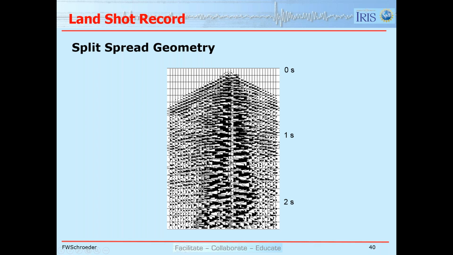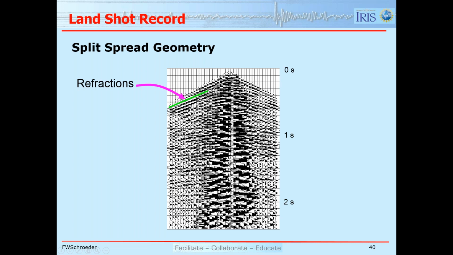This is an example of a land shot record. This is called split spread because the vibration, or the midpoint, I should say, is in the center. And then we have data that is to the right, and that could be north or east or northeast. And we have data to the left. This is where my animations are.